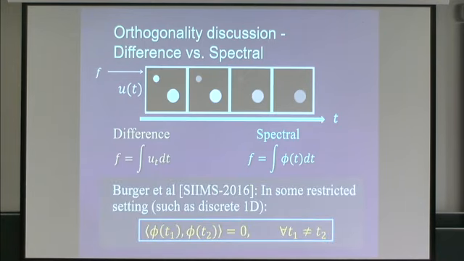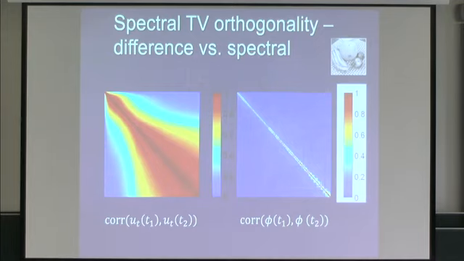What we showed, Martin mentioned before, is that in some discrete set, like discrete 1D, we can have that the phis are exactly orthogonal for different times. The inner product is 0. But for isotropic TV in 2D, we don't have a theory.